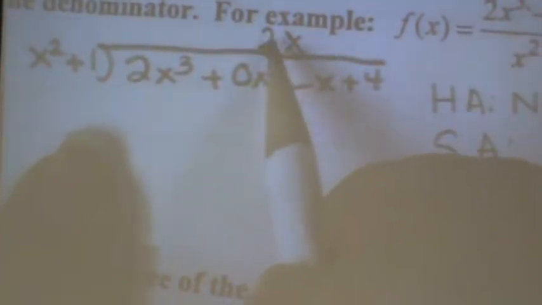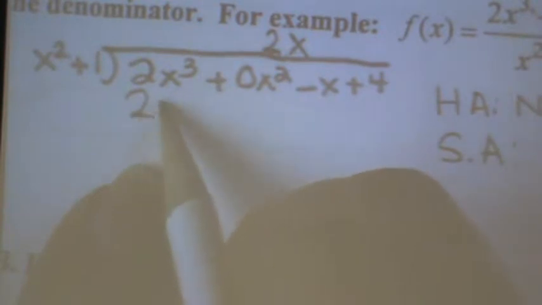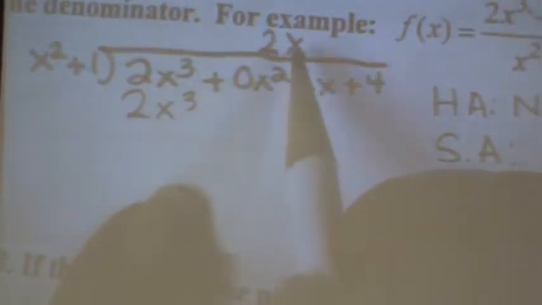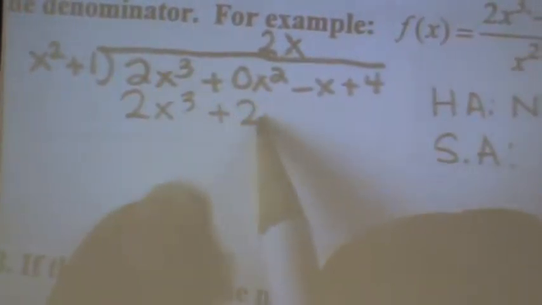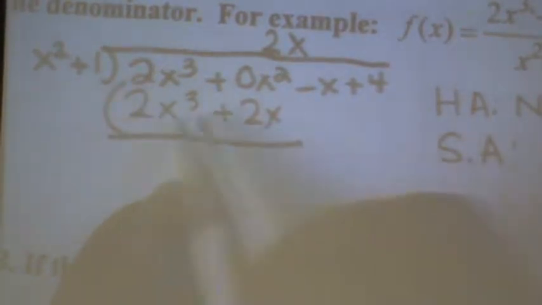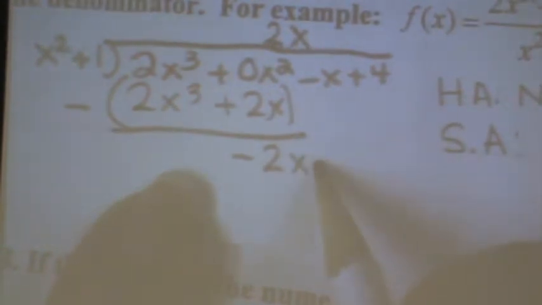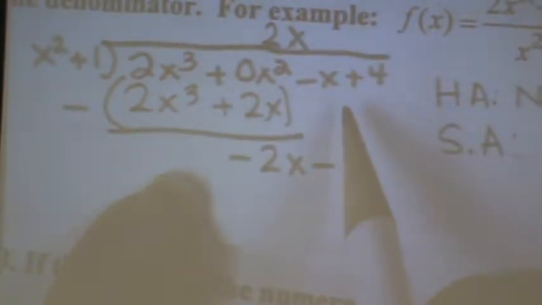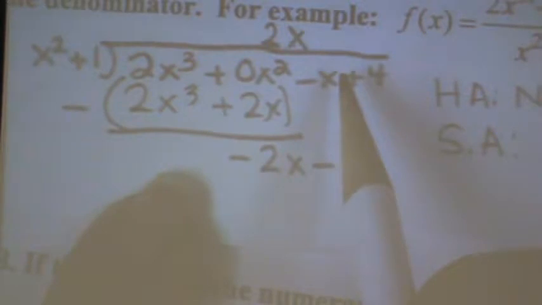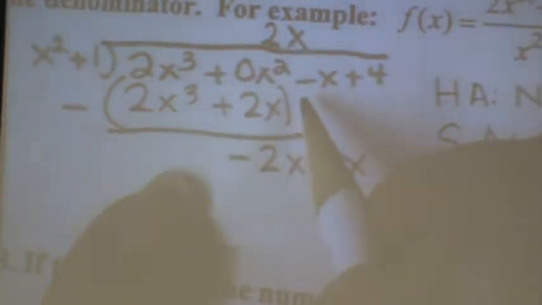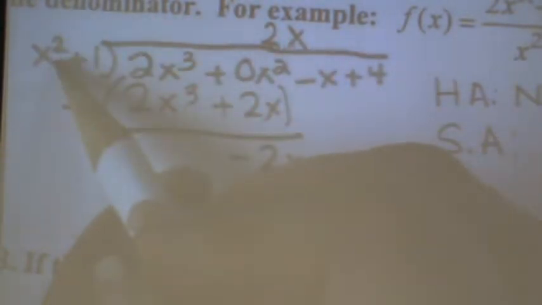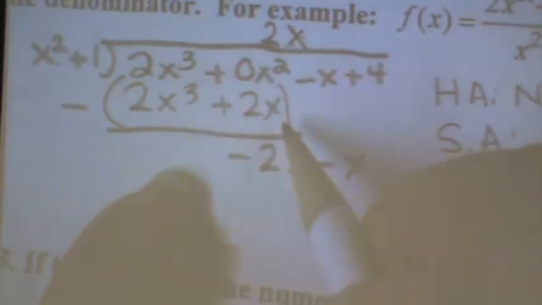So what do we need? We need an x and a 2. 2x times x squared is 2x cubed, and then 2x times 1 is 2x. Now we subtract these two and you get negative 2x, and then bring down negative x. Would you still need the placeholder for the x squared plus 1?